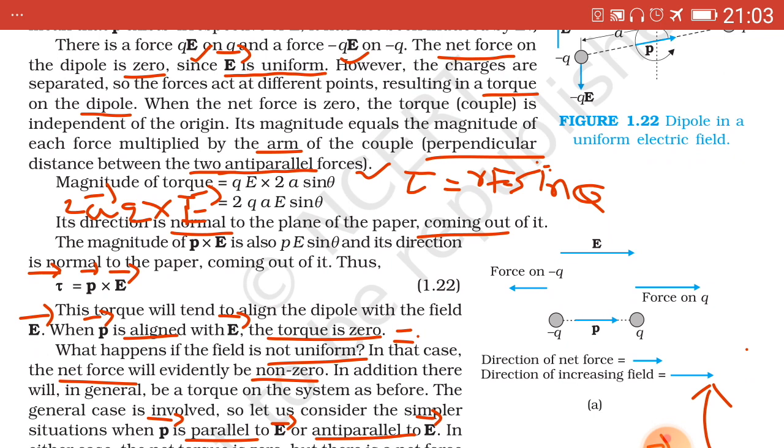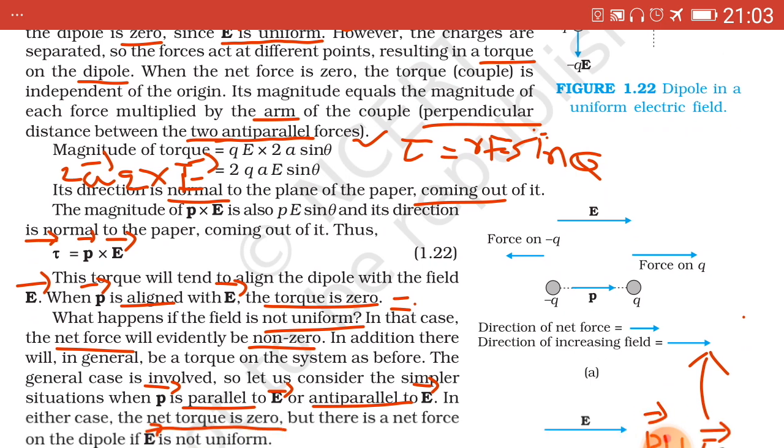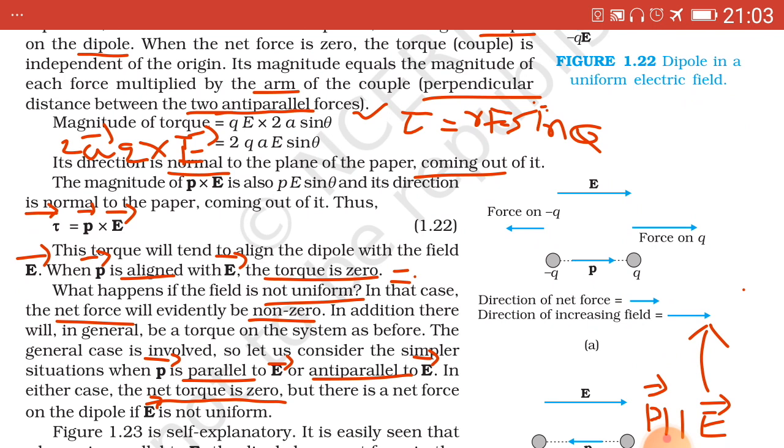Now in vector form this can be written as 2a vector q cross, it is cross, not simple multiplication, cross vector E, which again I have written on the left hand side. Therefore tau will be equal to pE sin theta, because 2qa equals the dipole moment small p.